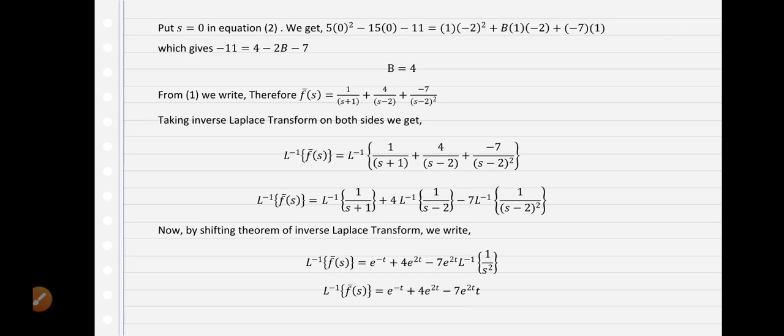Now one more example where there will be a quadratic factor in the denominator. Now see, the numerator's degree is 1 because of the s term, and the denominator's degree is s into s square, that is cubed, that is 3.